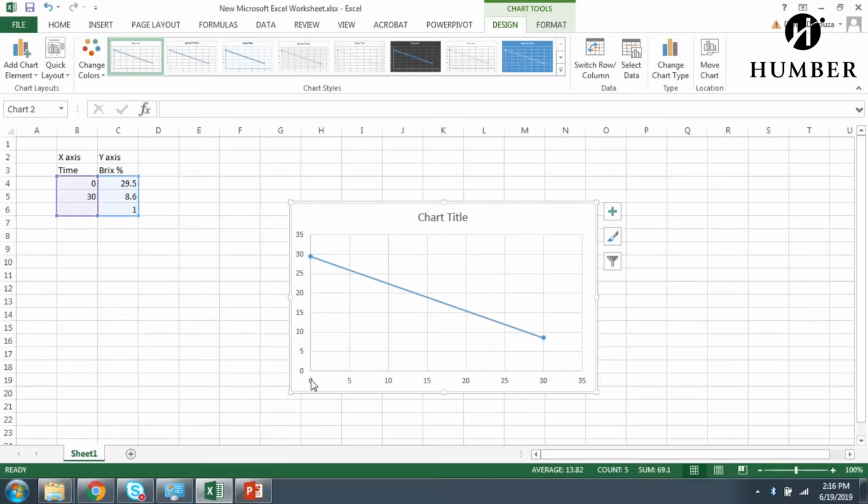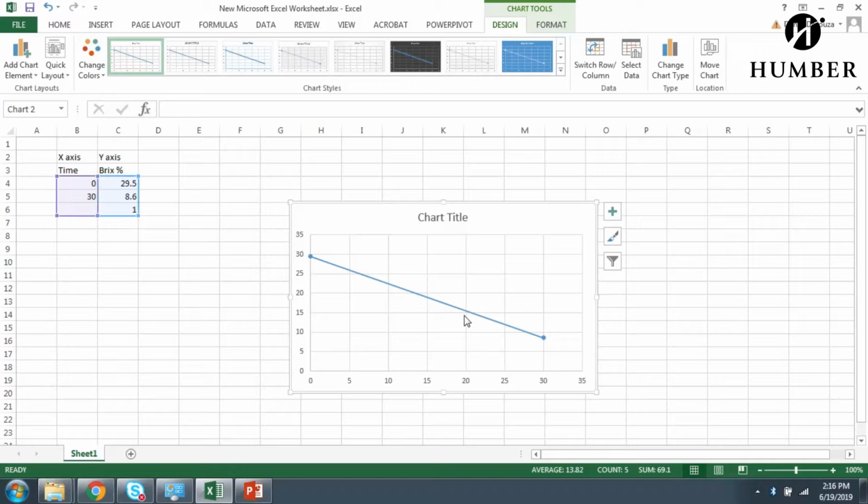The x-axis is our time, the y-axis is the Brix percentage, and you can see that the Brix percentage at 0 time was 29.5%, and then at 30 minutes the Brix percentage was 8.6. We need to determine what would be the time when the Brix percentage is 1.